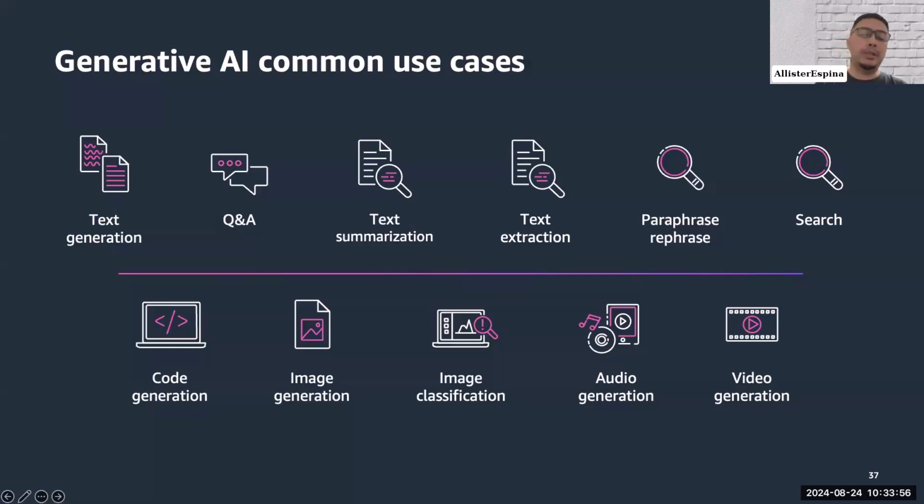So for example, for the developers out there, you can use a large language model for code generation. It will help you understand the code or even write the code for you. And in some others, code completion and even checking for bugs or errors in writing the code, and a lot more use cases of video, audio, image.